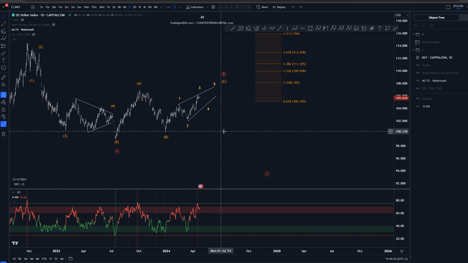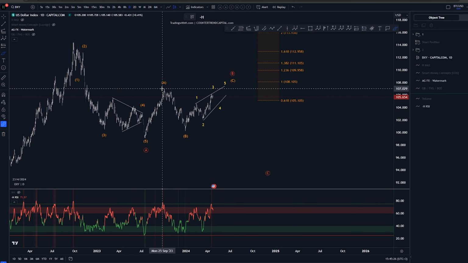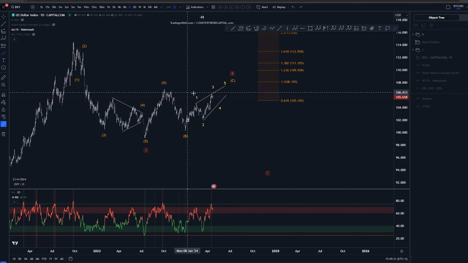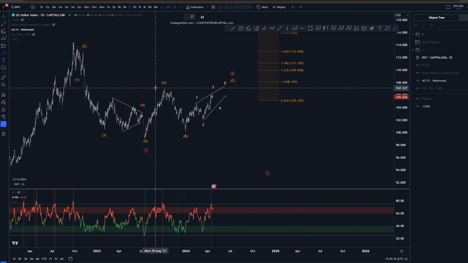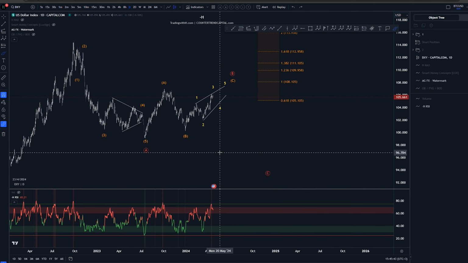So that scenario is still there. This would only be valid, in my opinion, if we take out the highs of wave A, and that is the only time I would like this count at all, once we invalidate the first idea that I showed you previously.